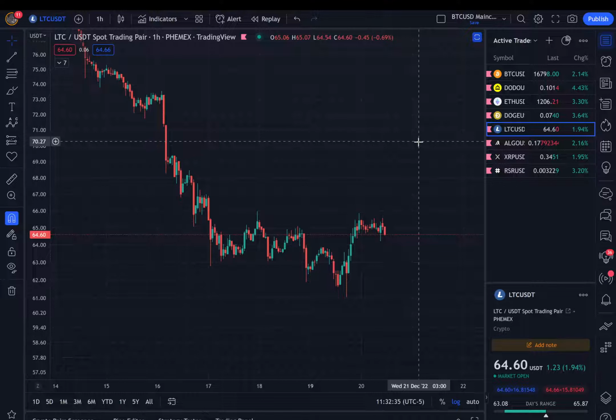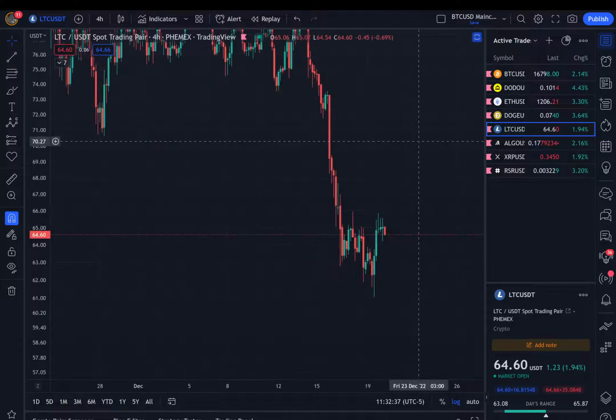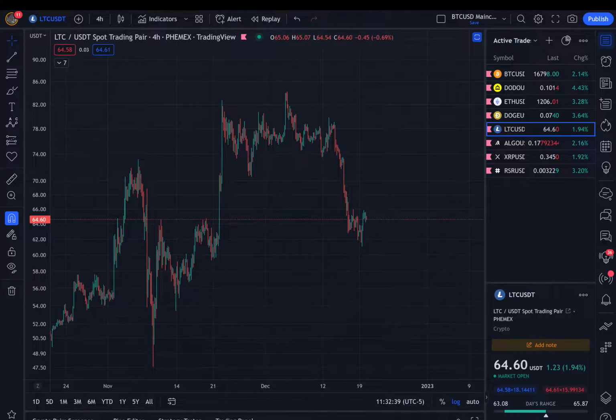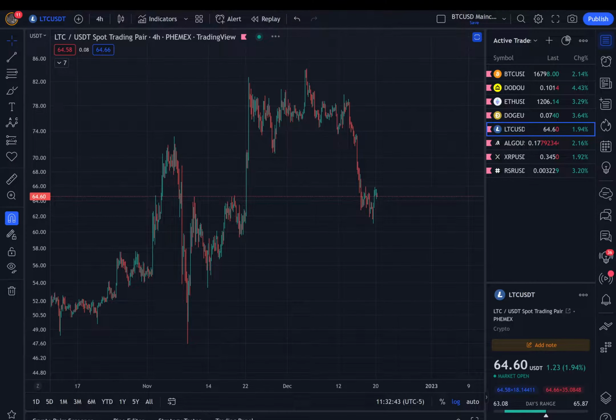Same idea, right? If you zoom out, actually Litecoin here looks like it put in a sort of zigzag. Or was it a zigzag? Let's see.